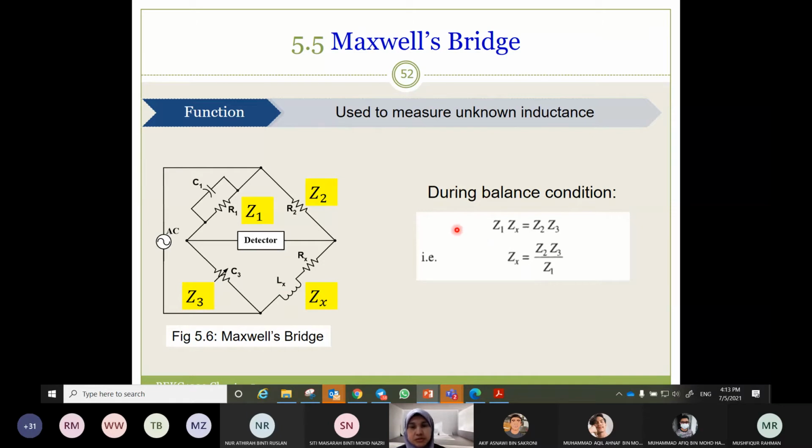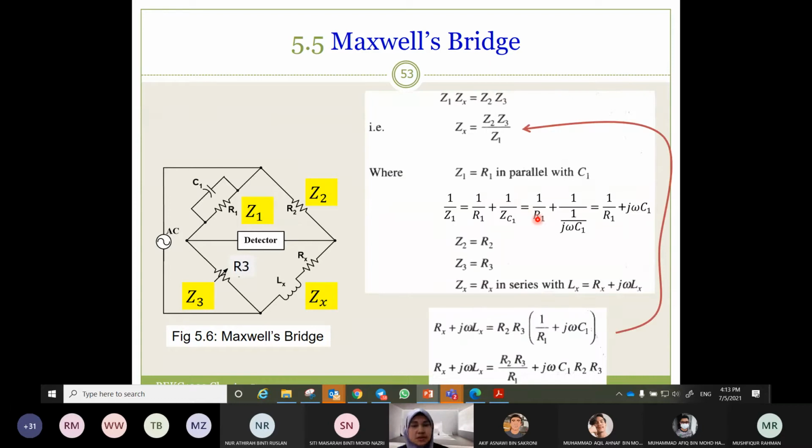During balance condition, we know that Z1, Zx is equal to Z2, Z3. And then we take out Zx: Zx is equal to Z2, Z3 over Z1. Now we substitute each Z with R or L or C.